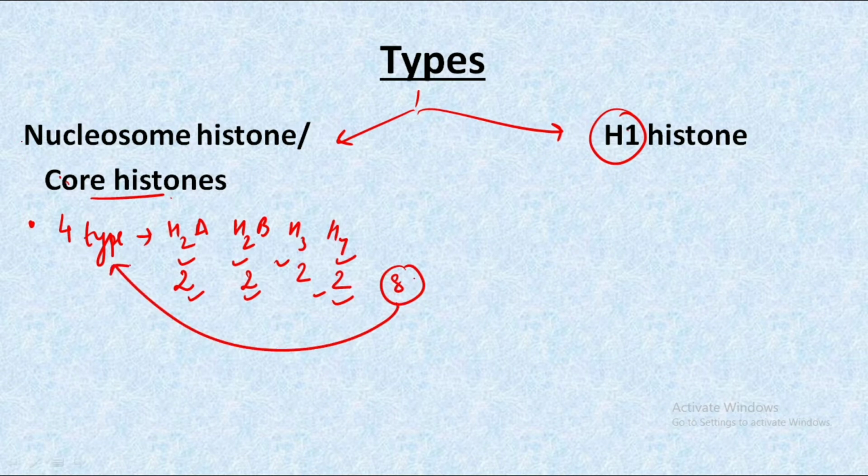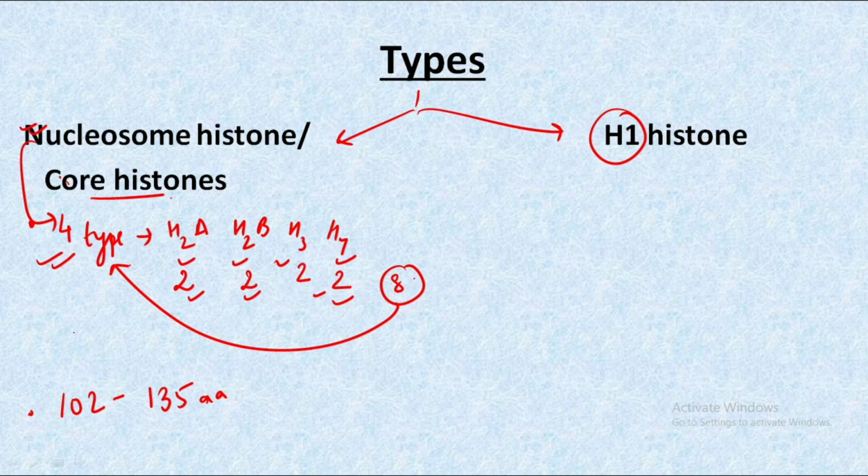Hence we say that the nucleosome histones are of 4 types and are present as 8 molecules. They are all present in equal, or equimolar, amount. The next point to remember is that each of them is made up of about 102 to 135 amino acids.